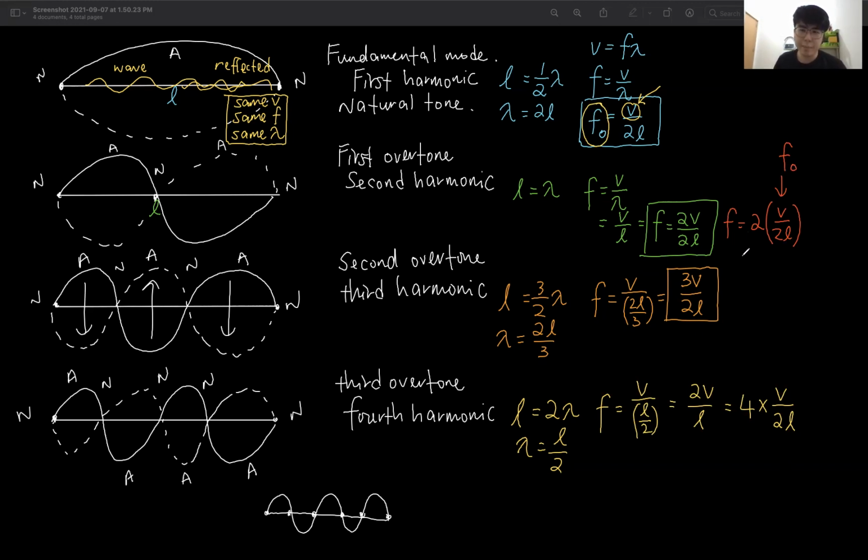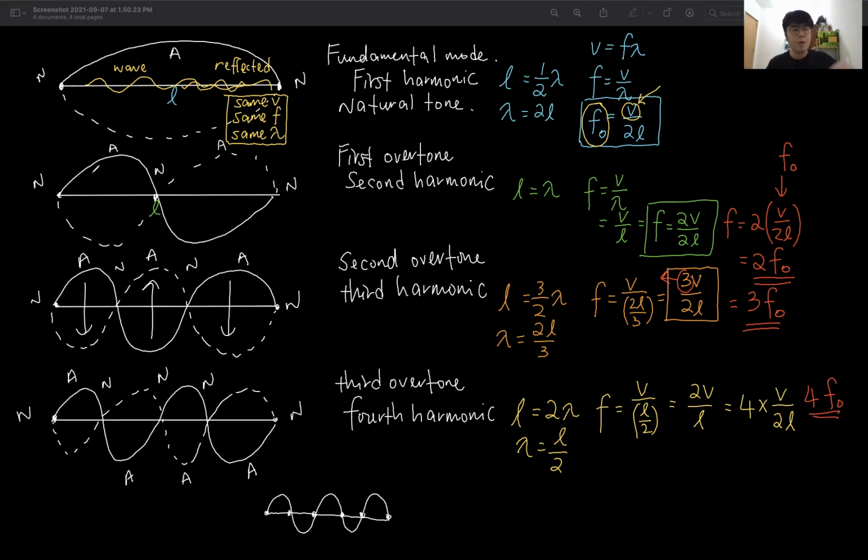So meaning that I can put it as 2 times the fundamental frequency. Same for this one. The 3, I bring it out. The V over 2L is the fundamental frequency. So this is equals to 3 times the fundamental frequency. And for this one is 4 times the fundamental frequency.